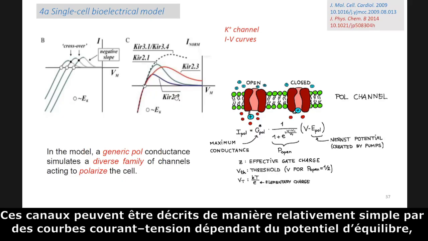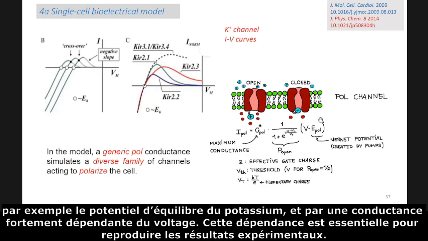These channels can be relatively easily described by current-voltage curves, which depend on the equilibrium potential. For instance, the equilibrium, let's say, potassium potential, and which is very important, voltage-dependent conductance. The channel conductance should be voltage-dependent to reproduce the experimental results in this case.